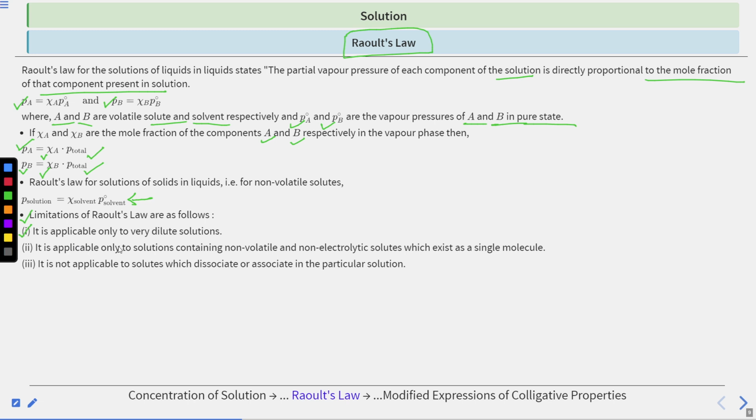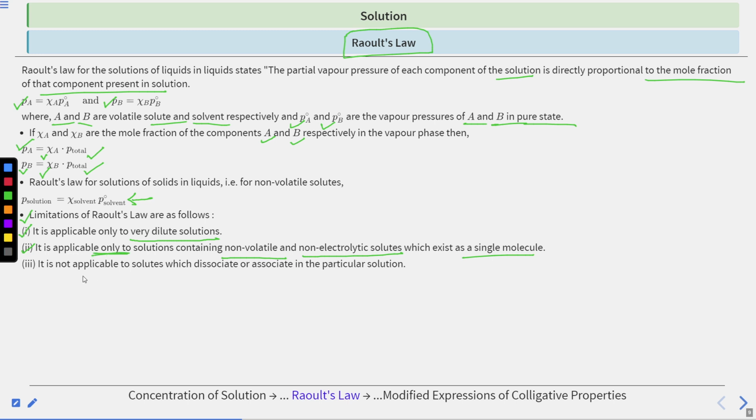First is, it is applicable only to very dilute solutions. If the solution is very dilute, we can apply the Raoult's law on that. Second is, it is applicable only to the solutions containing non-volatile and non-electrolytic solutes. So the solutions which are non-volatile and non-electrolytic and which exist as a single molecule, the Raoult's law is applicable to them only.